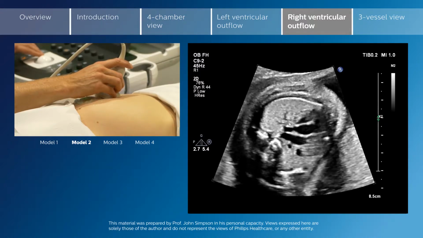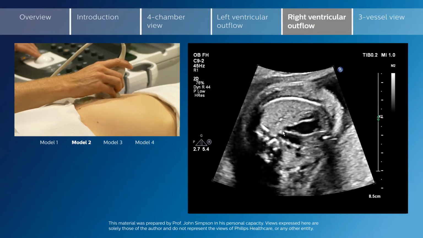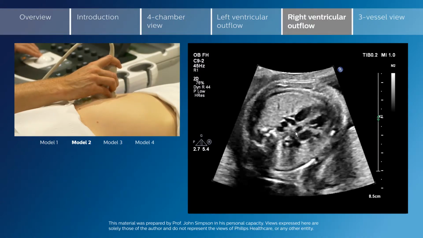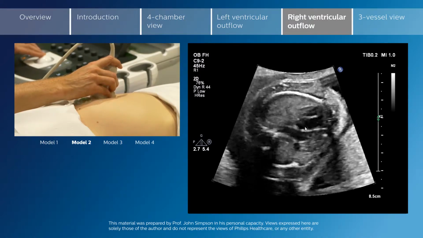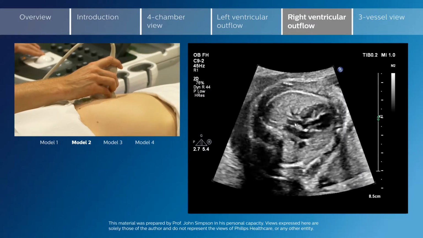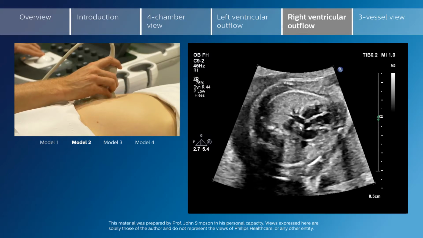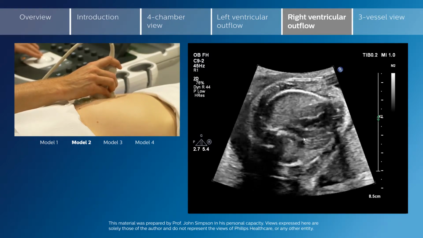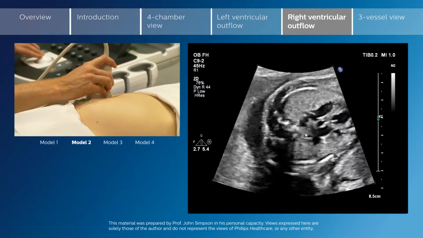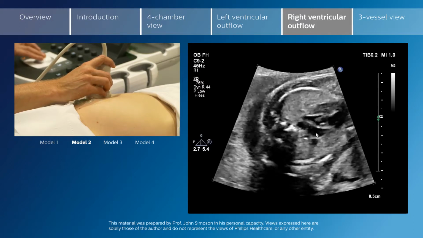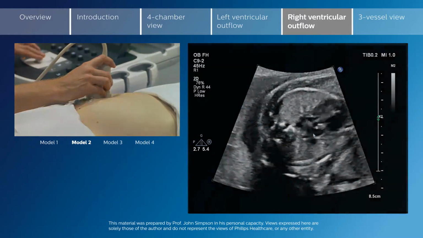Here we're seeing the left pulmonary artery and then the arterial duct. So the right pulmonary artery is seen here, the left, and the arterial duct just above the left pulmonary artery. So the pulmonary artery is a bifurcating structure in contrast to the aorta, which gives rise to the transverse aortic arch and does not bifurcate in the same way.